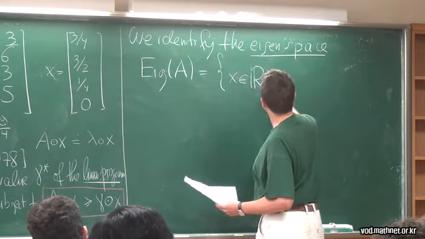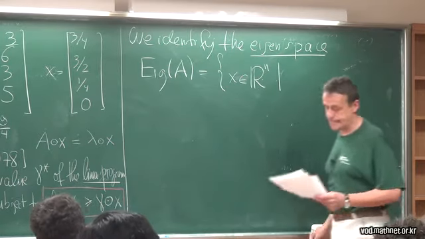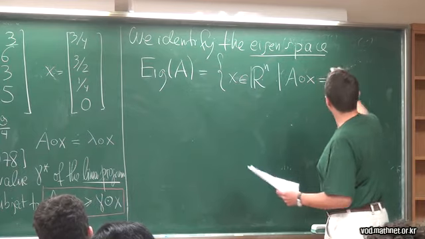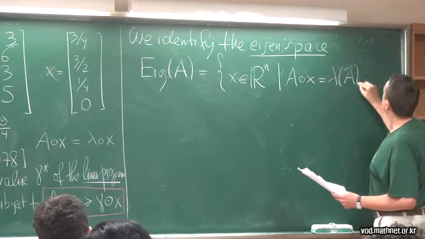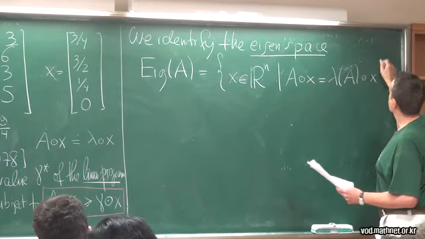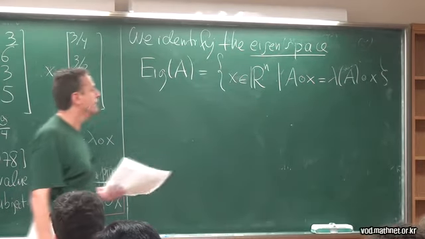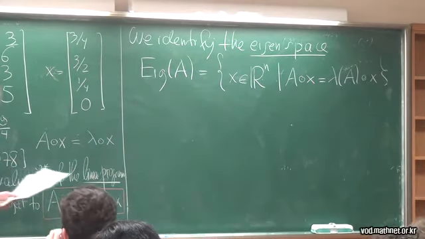And of course, these eigenvectors now all use the same eigenvalue, right? So that's Ax equal lambda of A times x. Okay, so this is the eigenspace, the set of all eigenvectors that work for the eigenvalue.